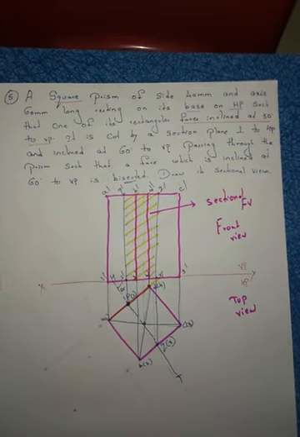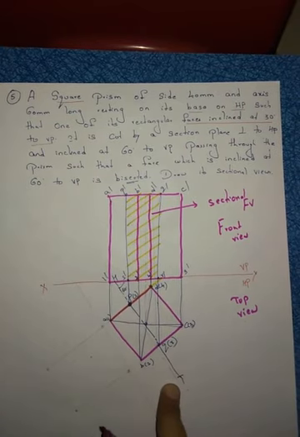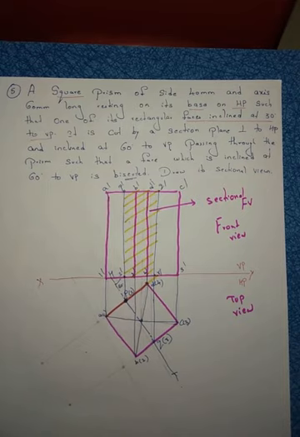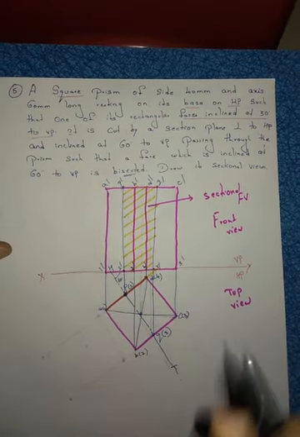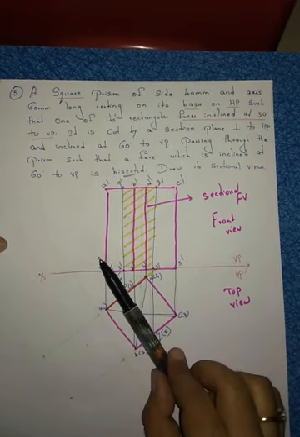So next, what we have to do here: the sectional plane is in an inclined position. Whenever the sectional plane is in an inclined position, you have to draw the auxiliary view. That means you have to draw one more reference line, exactly parallel to this sectional plane.